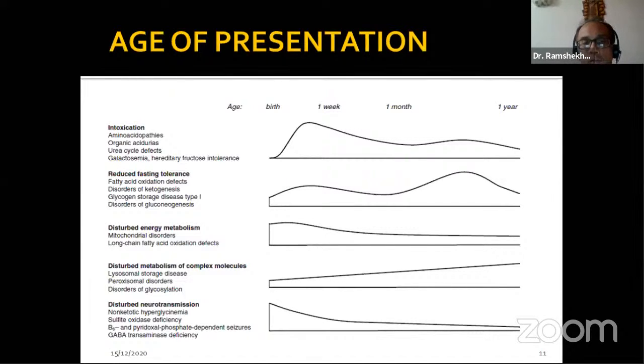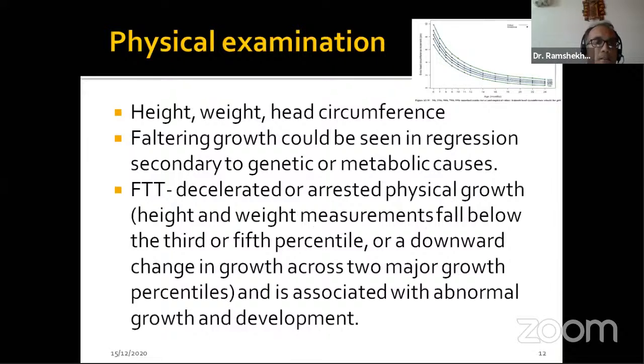Disorders such as lysosomal storage disorders often appear after the age of 1 year, and this is usually in association with visceromegaly. So your physical examination is important with regard to your anthropometry, determining whether the patient is gaining in excess or losing in excess with regard to the height, weight, or head circumference.